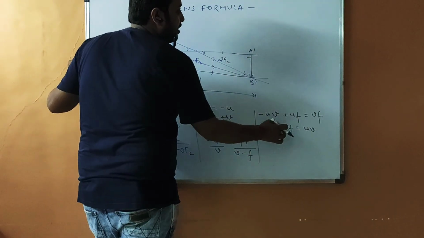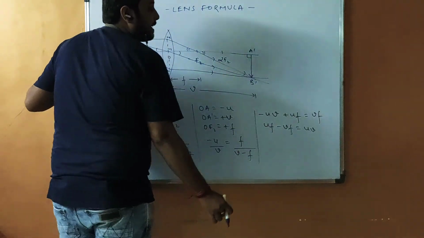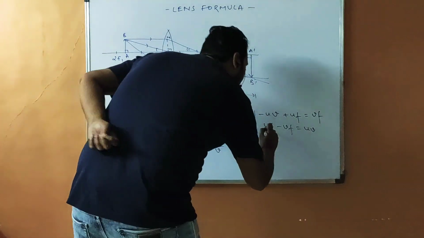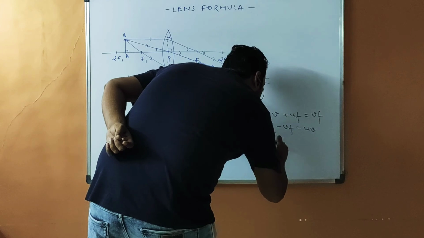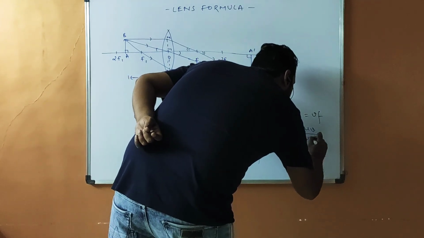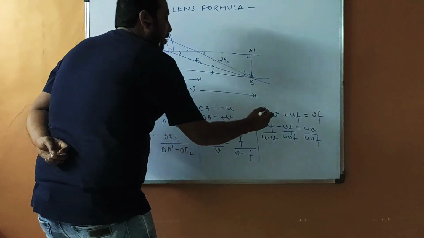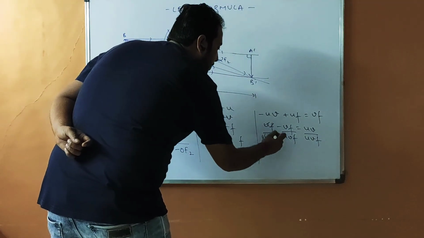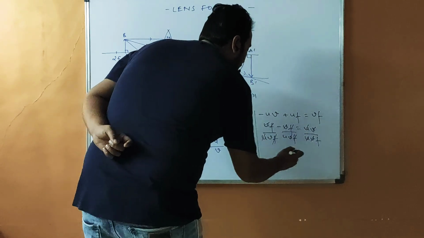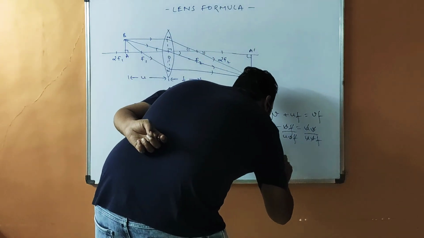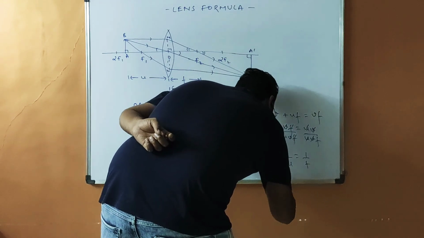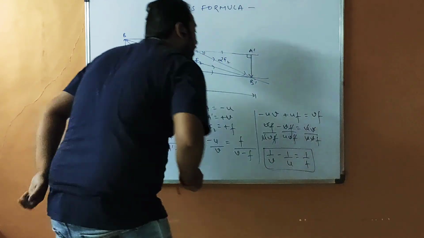I have kept this term here and put that term on the other side. Now dividing both sides by uvf, what do you get? 1 by v minus 1 by u equals 1 by f. So this is the required lens formula.